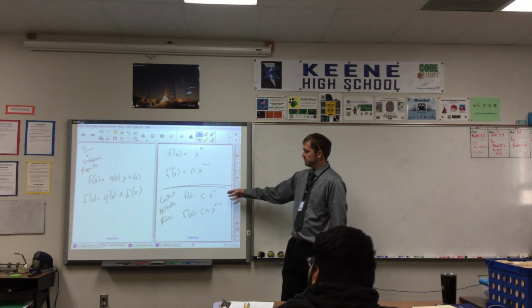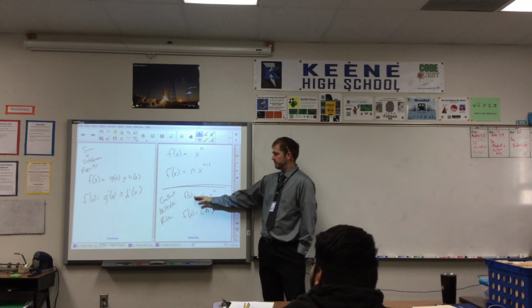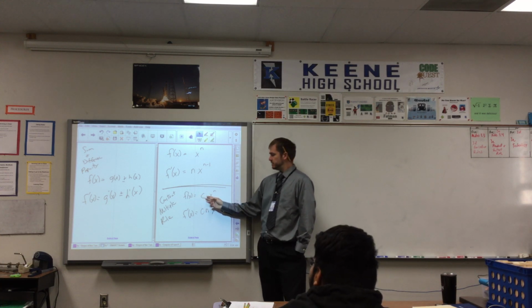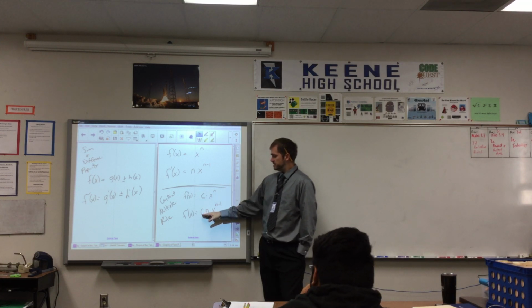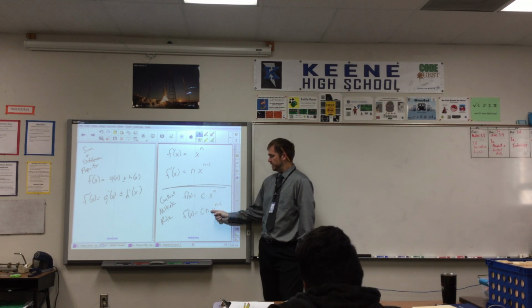The constant multiple rule, that is that if you have a function equal to a constant times a polynomial, so c times x to the n, the derivative is c times n, so pop down the exponent there and then power down n minus 1.